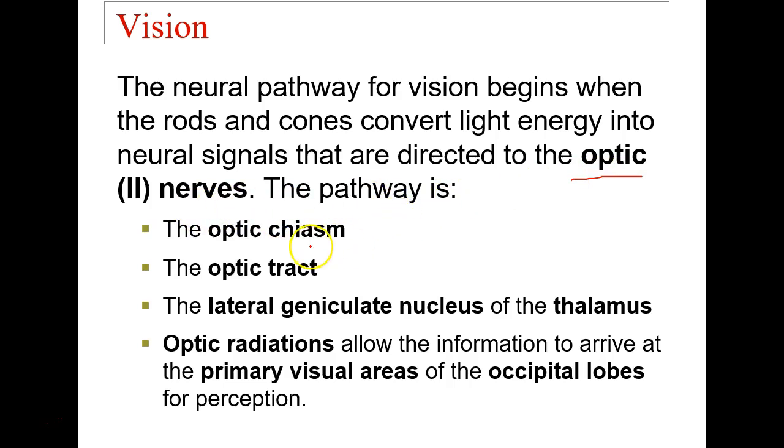From the optic nerve, we will move to the optic chiasm, which we'll see in a second. From there, we split and create the optic tract. And then we move through the lateral geniculate nucleus of the thalamus, and then the optic radiations, allowing information to arrive in the visual areas of the occipital lobes.